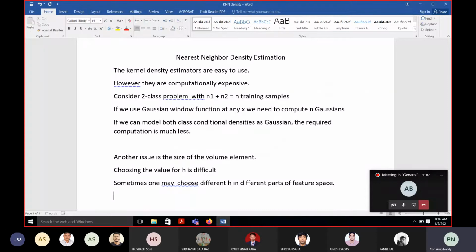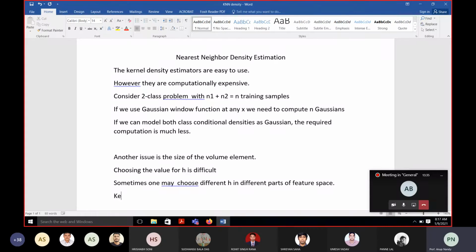Otherwise h should be large. Okay, so this is one way of doing this. If you are asked to find the density function around this x, and you find all the data points lying around this x, then you can choose h to be small, otherwise h can be chosen as a large value.